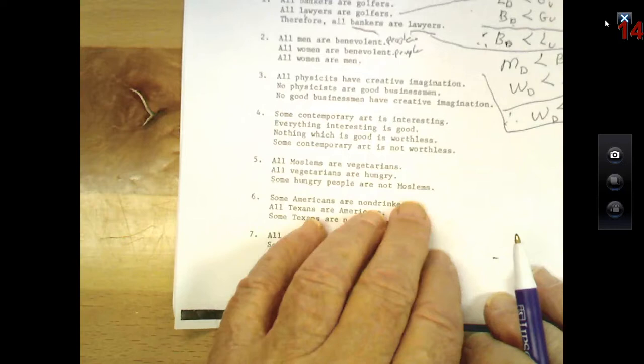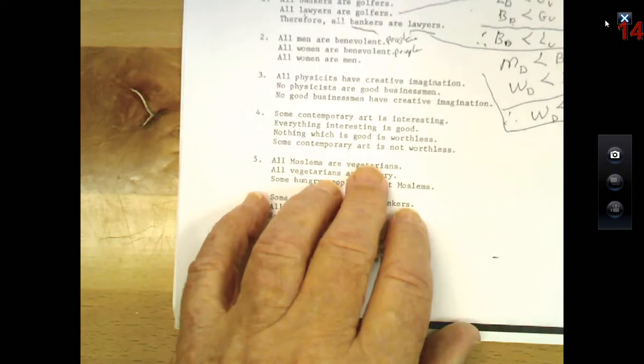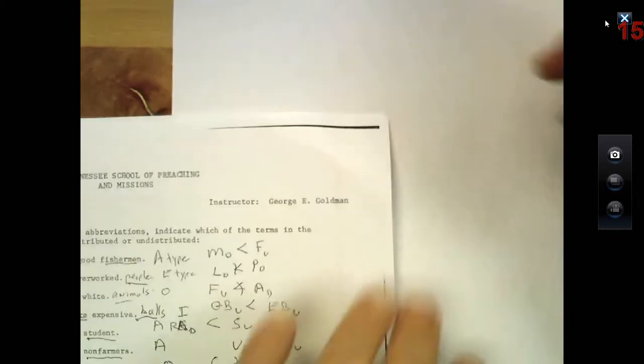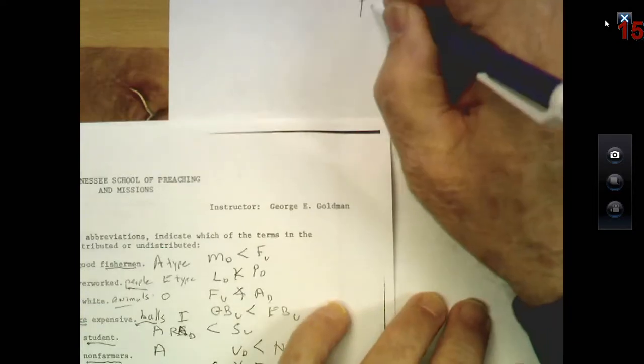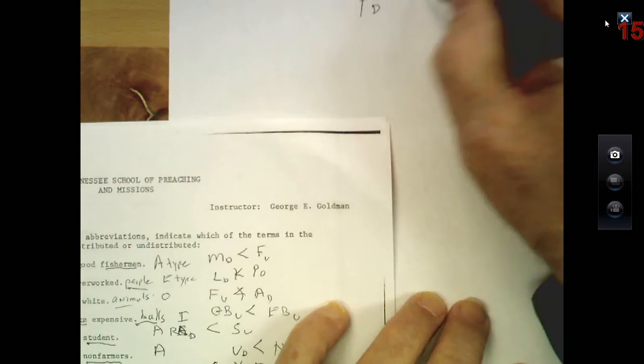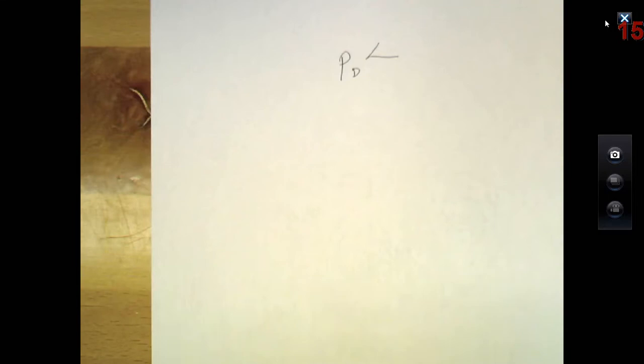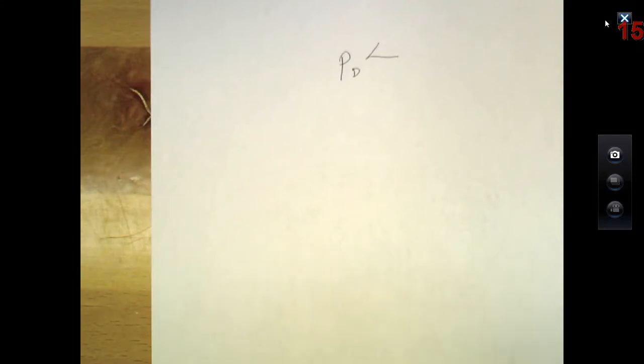All right, so the first statement is an A statement, and it would be big P, little d, then my copula, which has to be a form of to be. So it's not in standard form, and I have to put it in standard form. All physicists are scientists who have creative imagination.